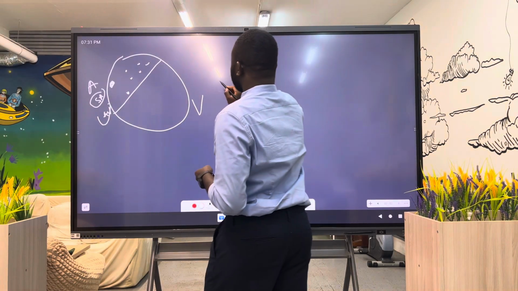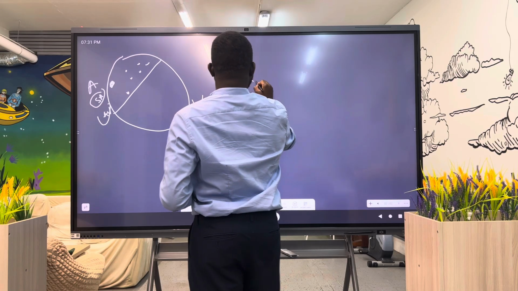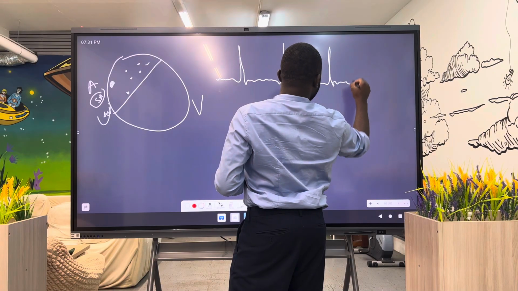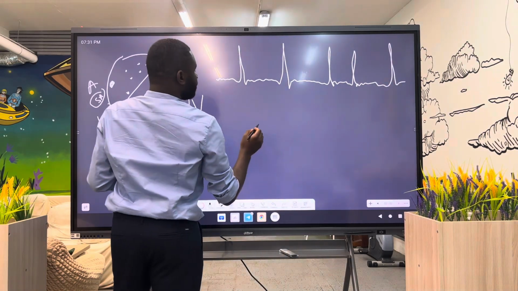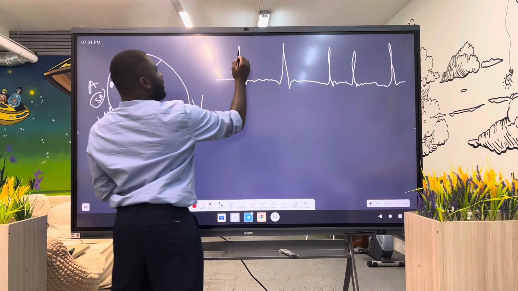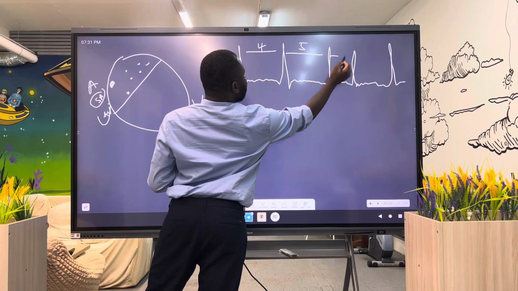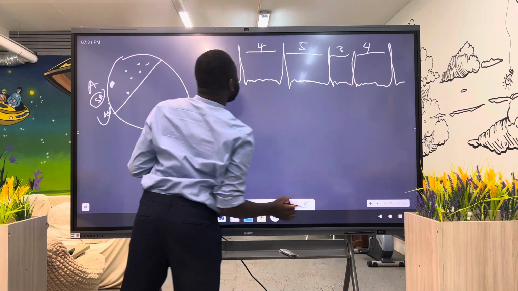We might likely have something that looks like this. The first thing we need to know is the distance: here we might have 4 big boxes, here 5, here 3, here 4 again.